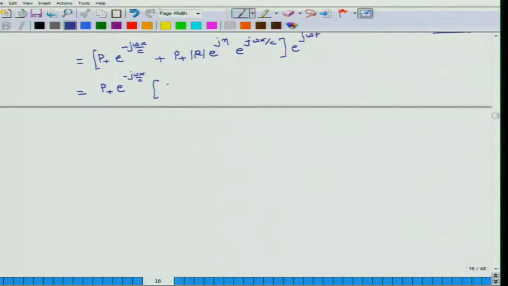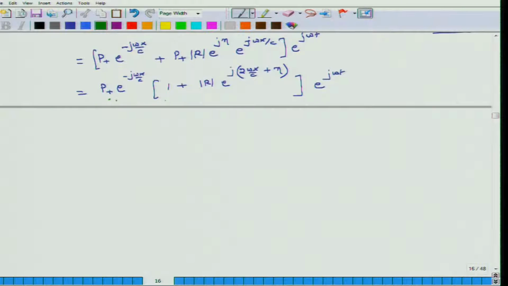So in the brackets I am left with 1 plus magnitude of R, and then I have exponent j 2 omega x over c plus eta, e to the j omega t.